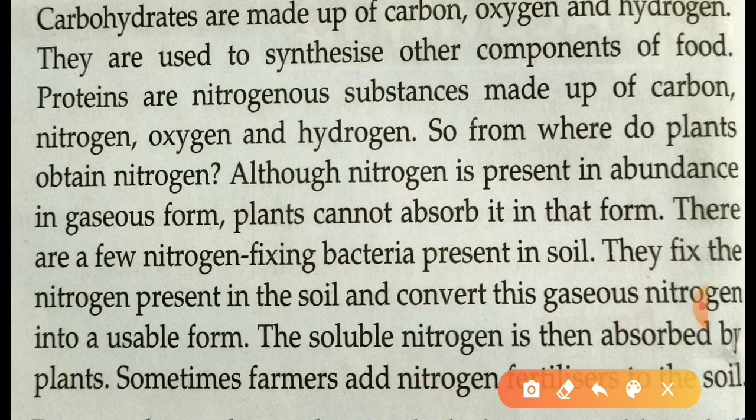They convert nitrogen into a usable form that plants can use, or we can say soluble nitrogen that is absorbed by the plants. The usable form is produced by the nitrogen fixing bacteria. That is not nitrogen gas; it is a nitrogenous compound, soluble nitrogen.